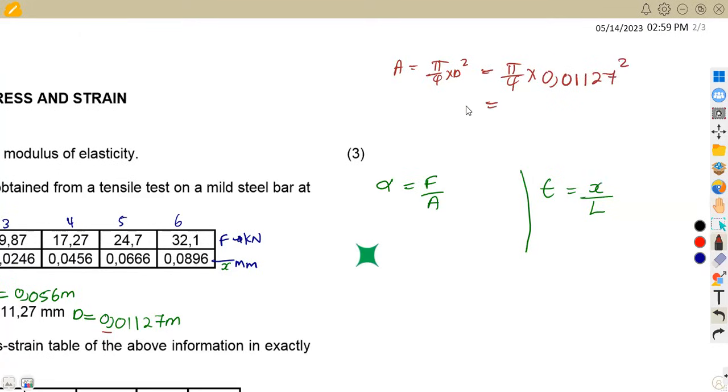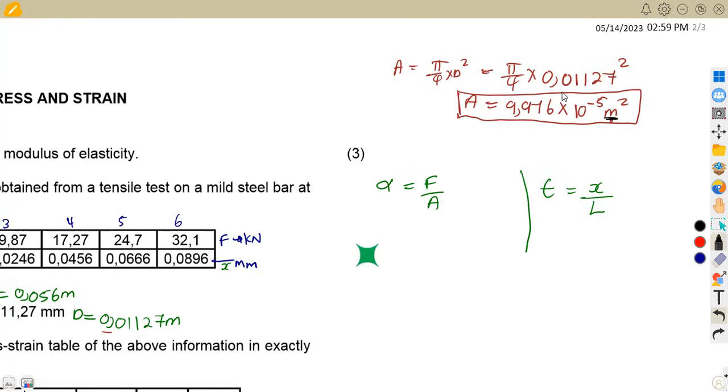All right, so this is going to give us the area, which is 9.976, if you round off to 3 decimal places, times 10 to the exponent of minus 5 in square meters. Remember, we use the diameter in meters, so our area is going to be in square meters in this case.